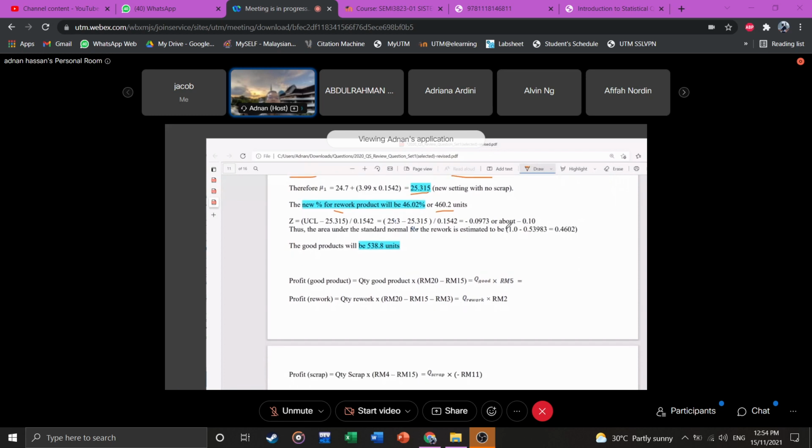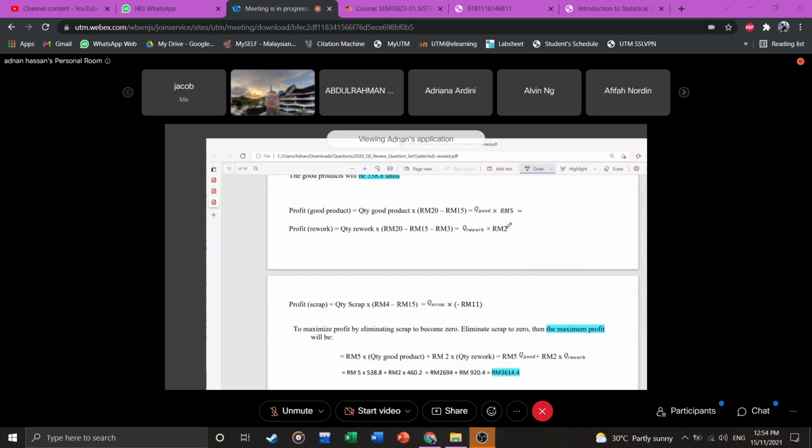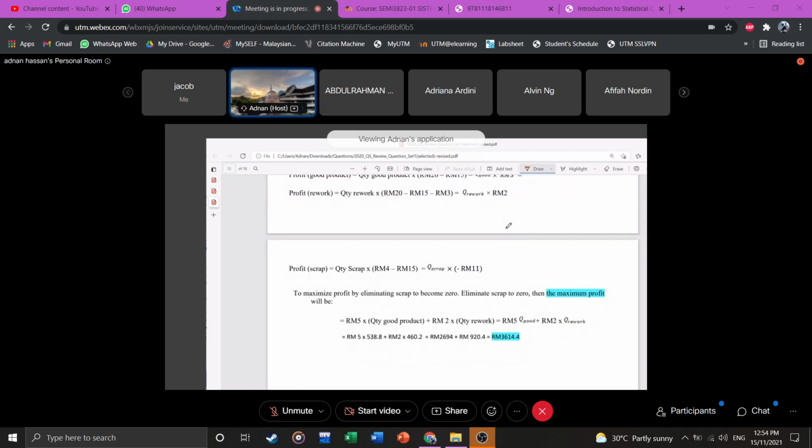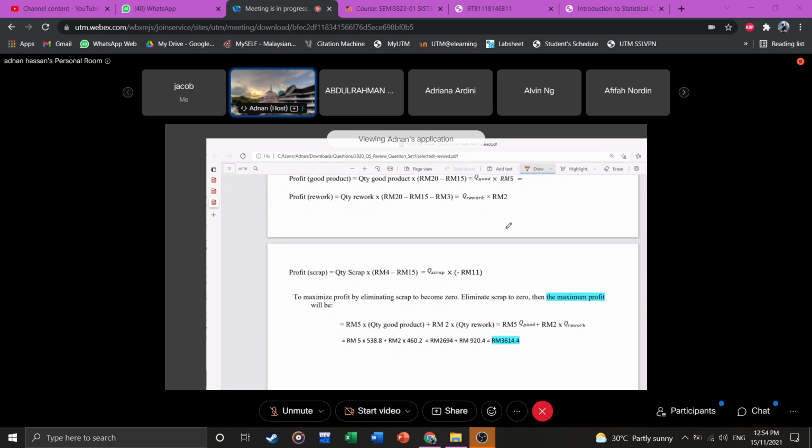Now we want to know how much profit. If you can understand this question, it means you understand how to use statistics for decision making, for improving the process, and finally to maximize the profit by eliminating the scrap to become 0. To maximize the profit, remember the additional 5 ringgit for rework.